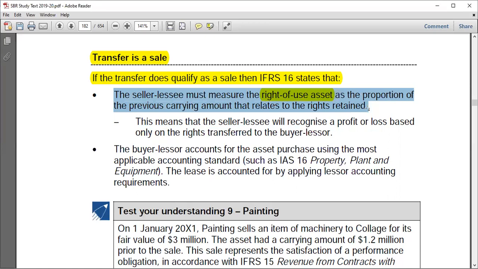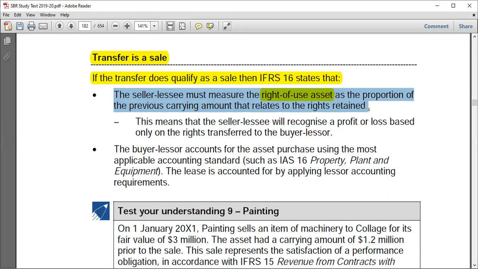The seller is the person who initially had the asset in their ownership, in their possession. Right now, the seller has sold out the asset, but they have leased the asset back. As you know, if you sell the asset and they lease it back, that means you still retain some of the rights.